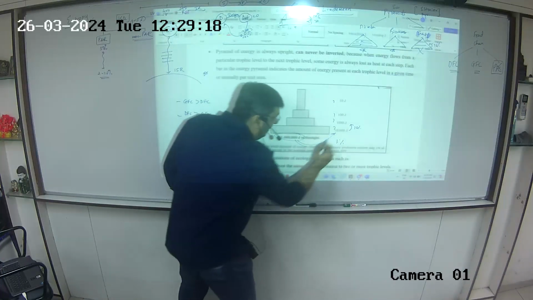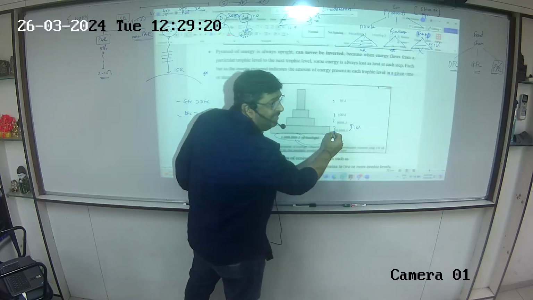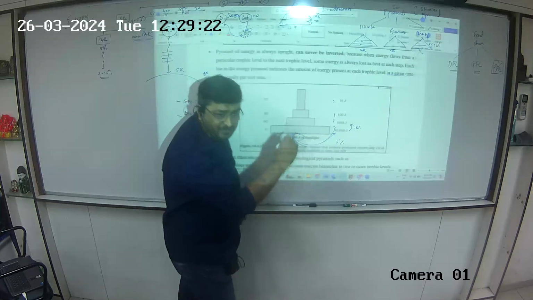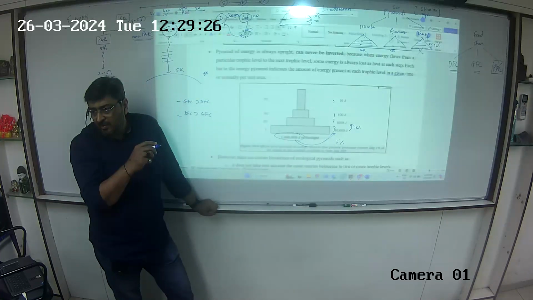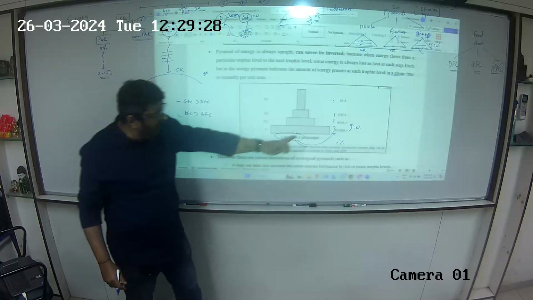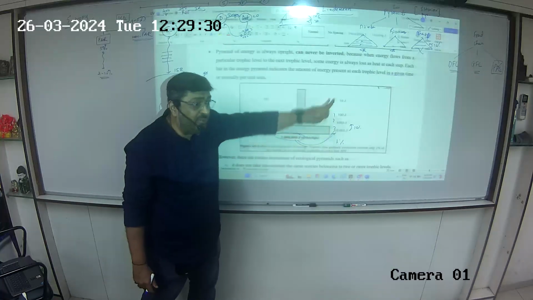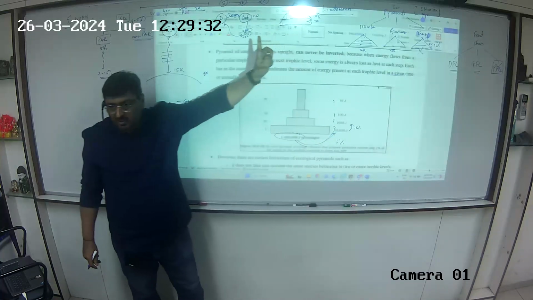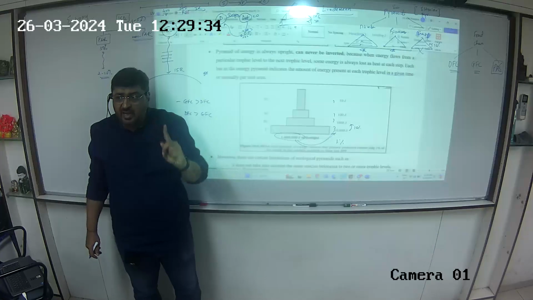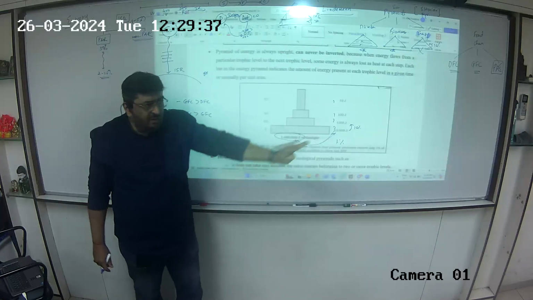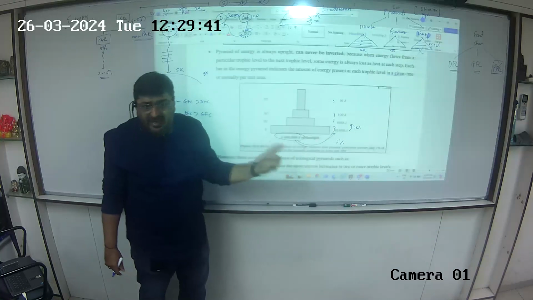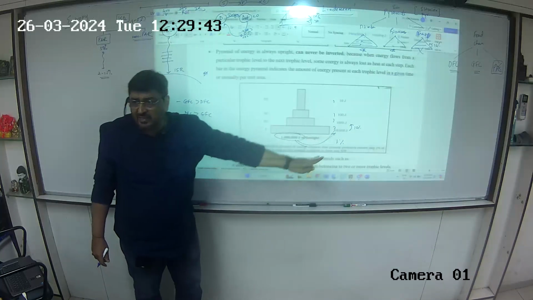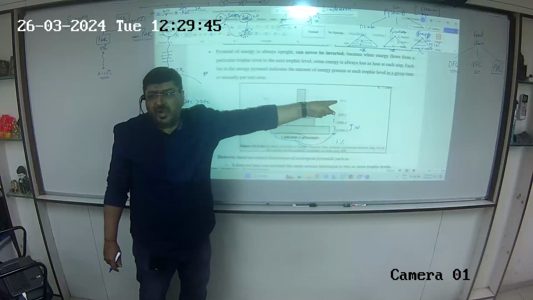So blindly don't go on 10% here. First 1%, after that 10%. So 10% is only from the producer onwards. This is again one of the most grave errors made by students because they don't identify this 1%. Write it in your notes or NCERT that this transfer is 1%, after that it is 10%.